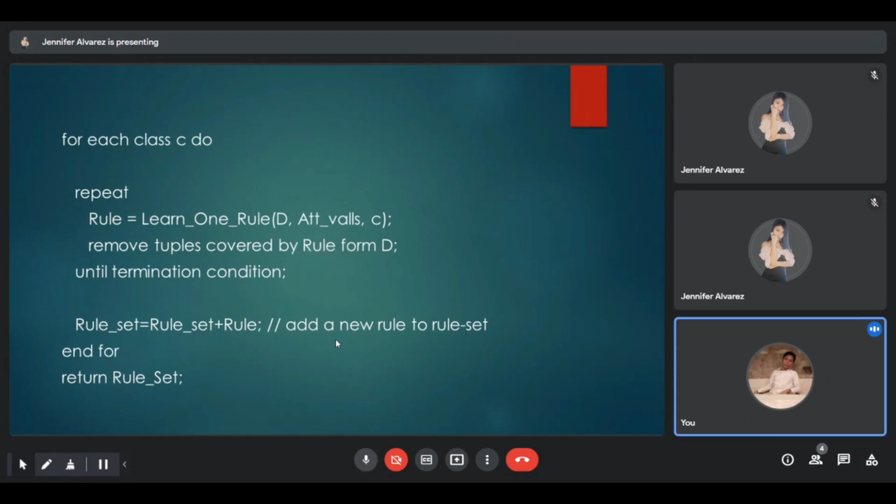For each class C, repeat: rule equals Learn_One_Rule(D, Att_vals, C); remove tuples covered by the rule from D; until termination condition. rule_set equals rule_set plus rule; // add a new rule to the rule set. End for. Return rule_set.